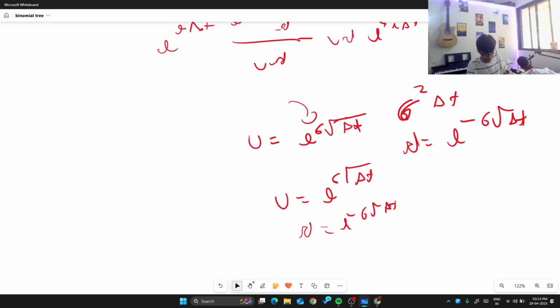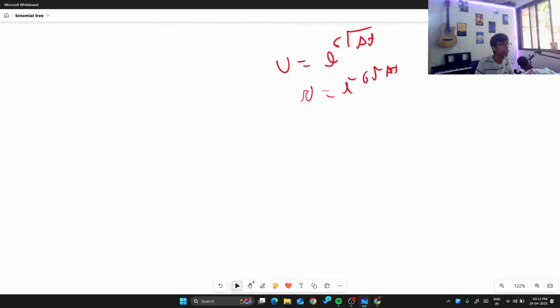Okay, and that's how simple it is. This result is important. So let's derive the general final binomial tree formula, right?